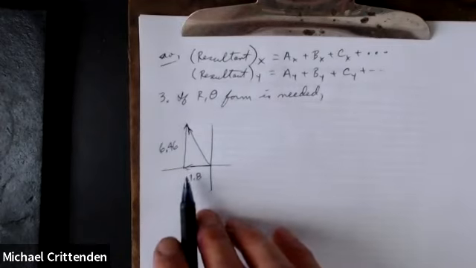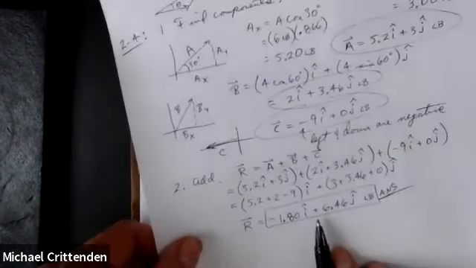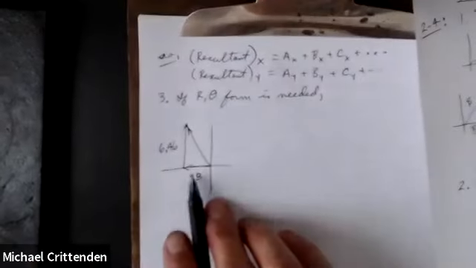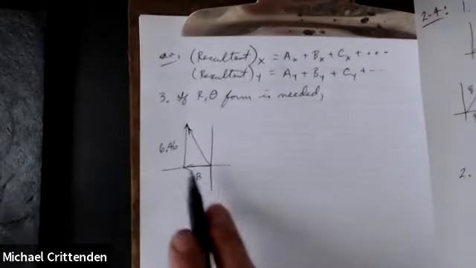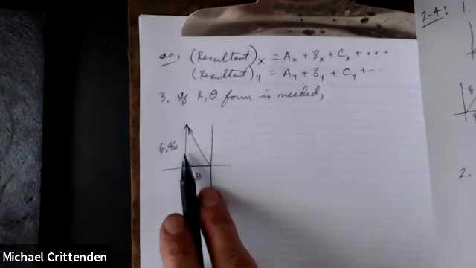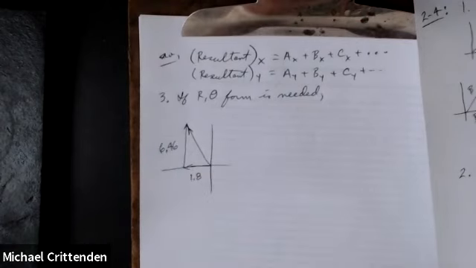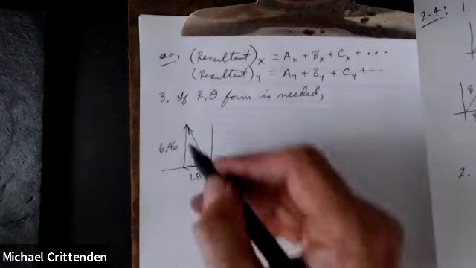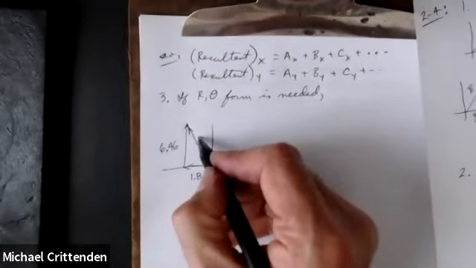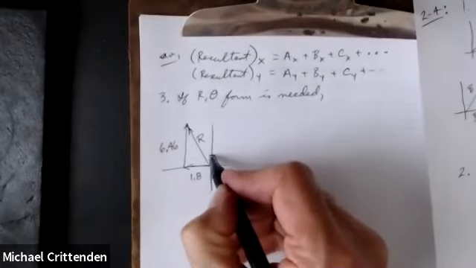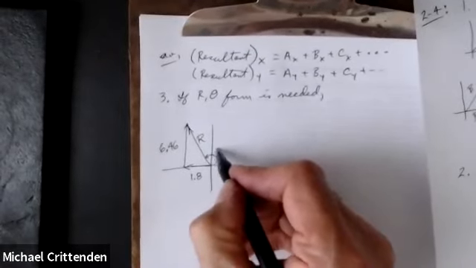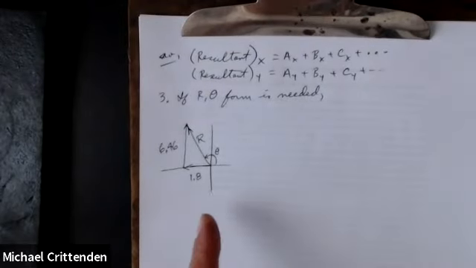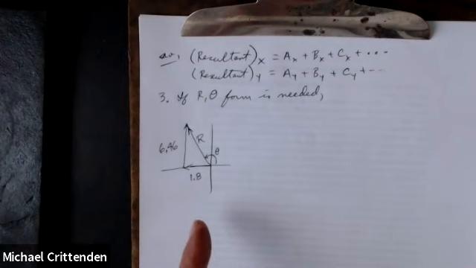You're adding, like it says right there, negative 1.8i, which I've drawn here, to 6.46j, which I've drawn here. And vector addition means this head to tail process that I've sketched. So we want to know what's r and what's theta. Well, we're going to get r from the Pythagorean theorem.